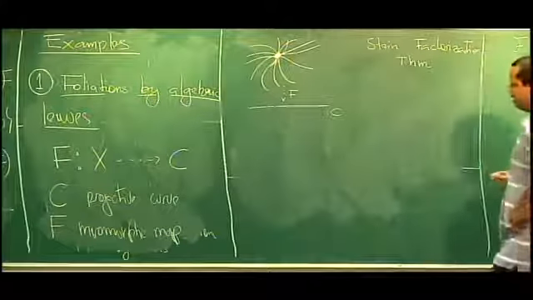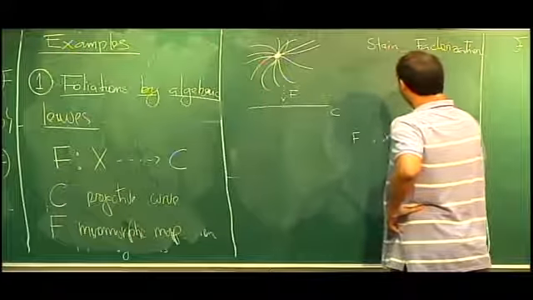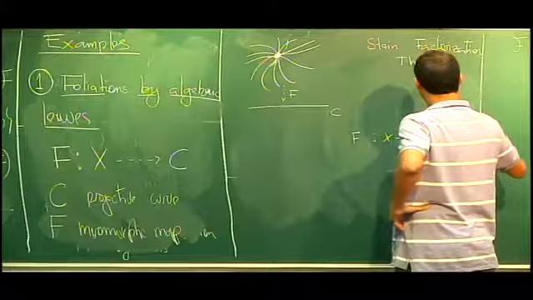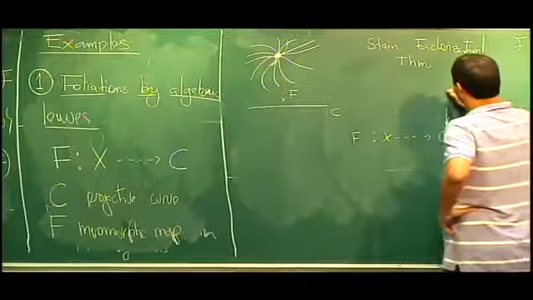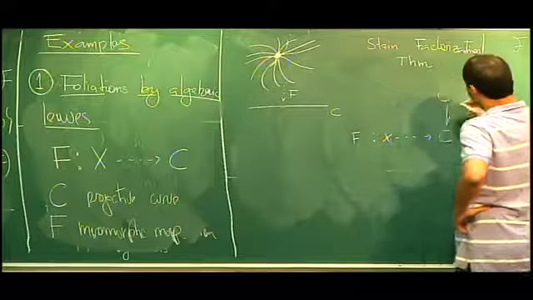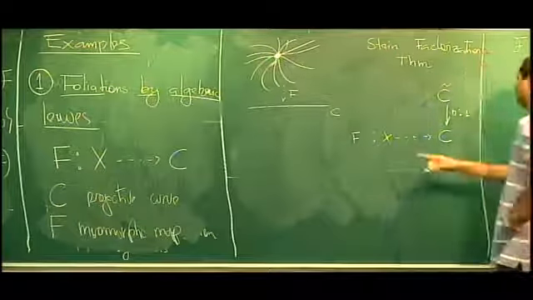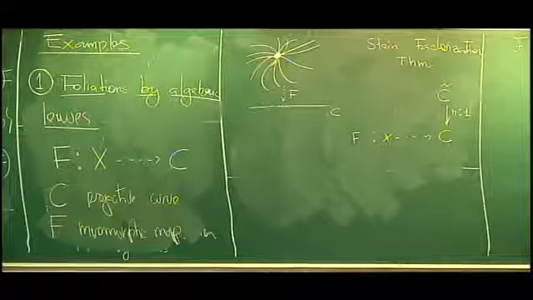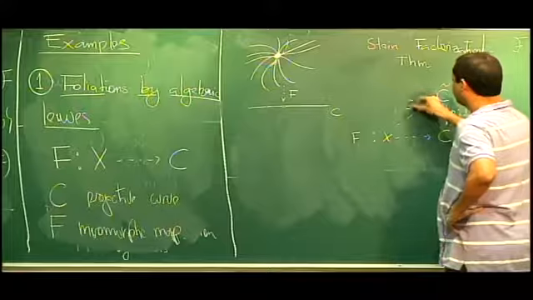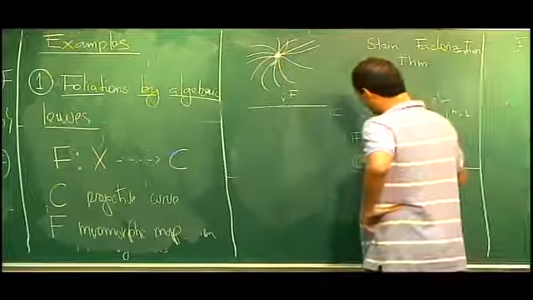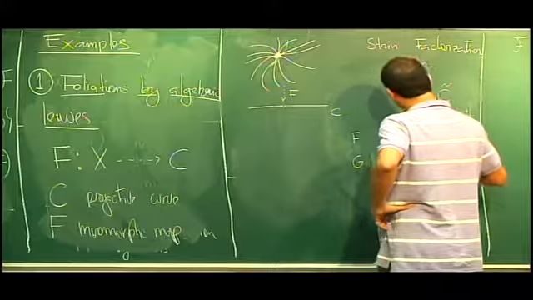It says that if I start with this object, then there exists another curve, let's say C tilde, a finite map from C tilde to C, and another meromorphic map G, such that G has irreducible generic fiber.